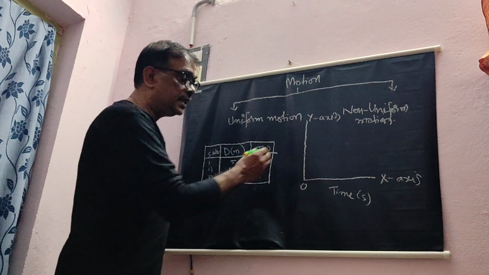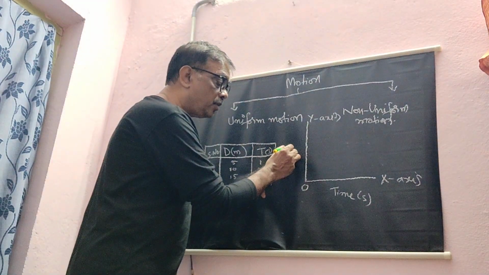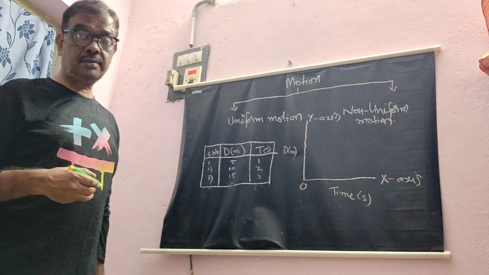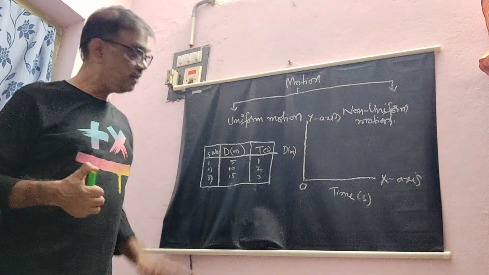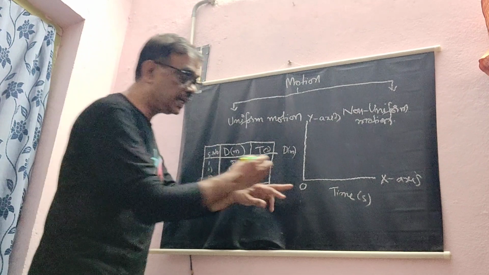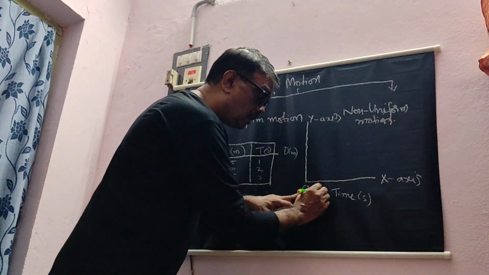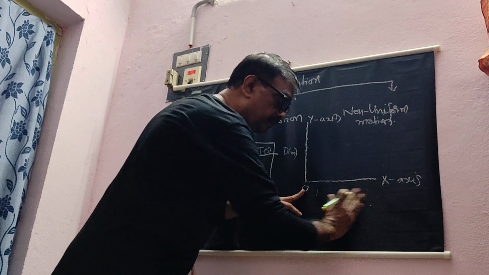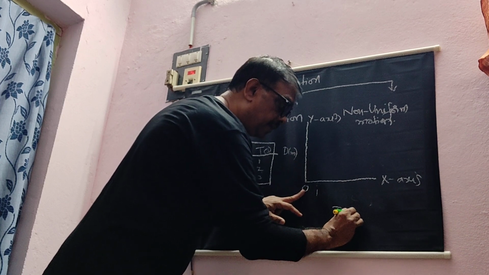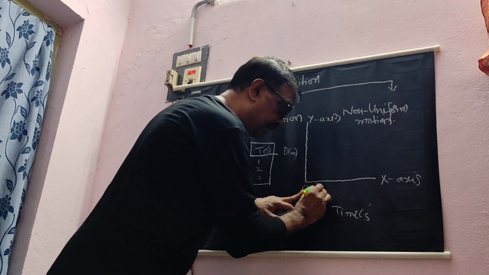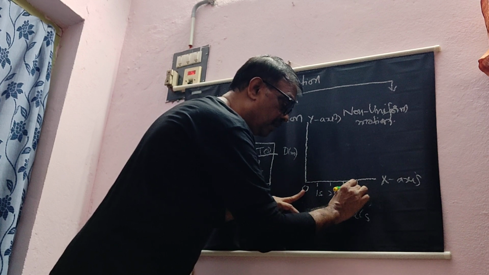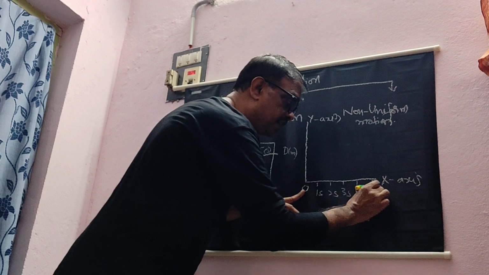Distance, which is measured in meters, we take on the y-axis. So we can plot a graph by taking this data: in 1 second, 2 seconds, 3 seconds, 4 seconds, 5 seconds, for example.